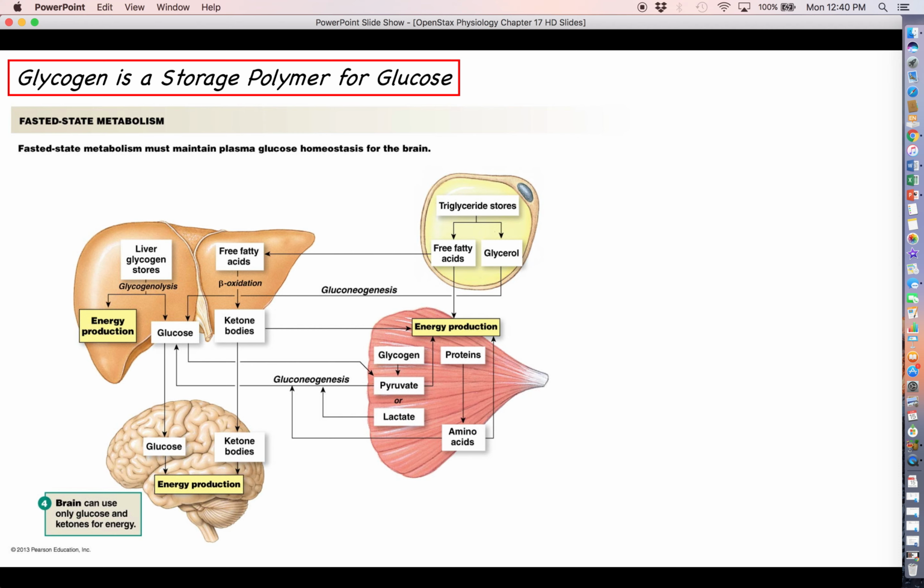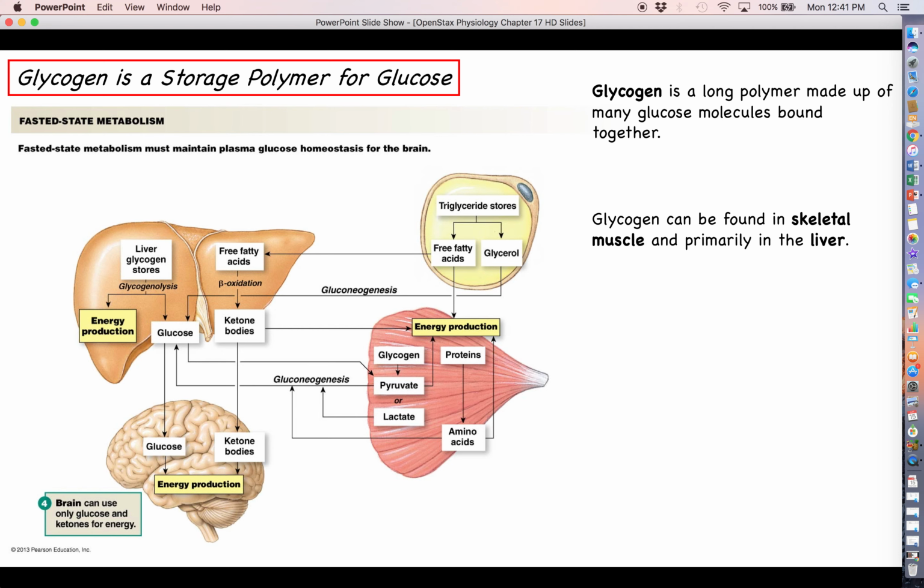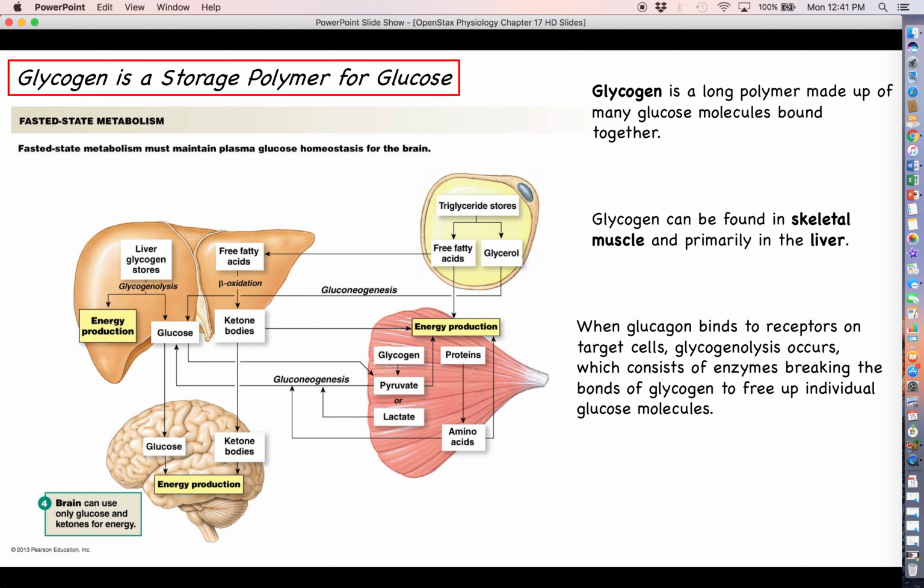So let's actually talk about glycogen, because we've mentioned it a few times, but we haven't really had a whole lot to say about it specifically. Glycogen is a very long polymer that is made up of many glucose molecules bound together. We can find glycogen in both skeletal muscle and liver tissue, mainly in the liver tissue. You store up about 5 pounds of glycogen in your liver.